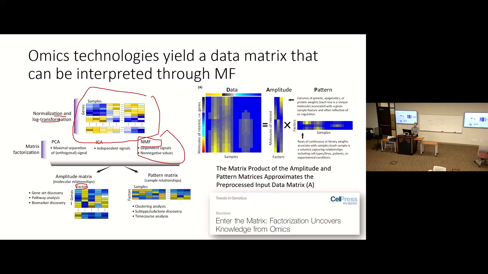So you decompose this into a gene by factors matrix, and a factors by sample matrix. She made another name: this is called the amplitude matrix, which tells how much this gene is involved in each program or each factor. And she called the other the pattern matrix, or the loading, whatever you call it.